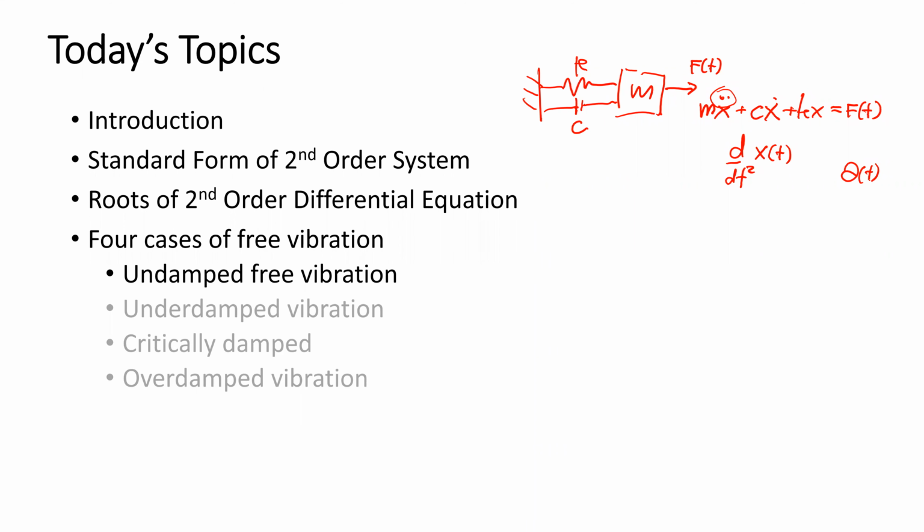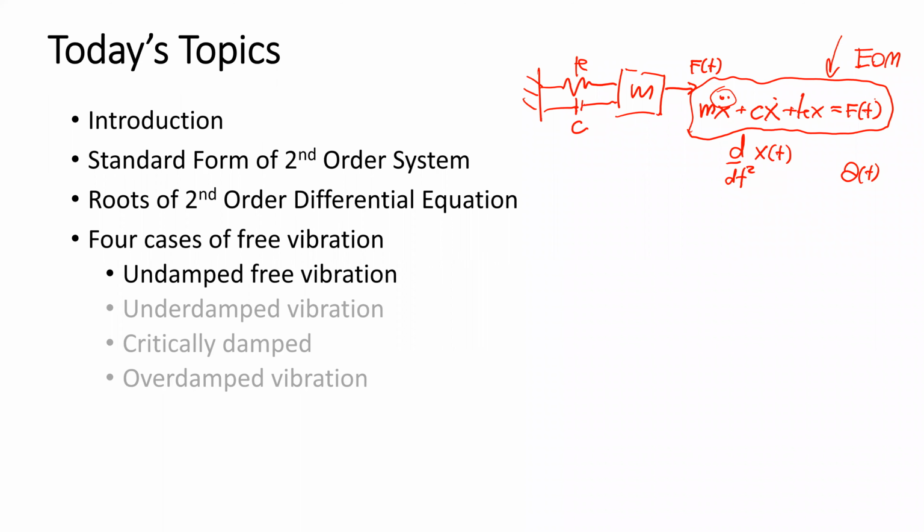So today we're going to talk about the standard form of a second order system. Here is not the standard form, but it's the equation of motion that describes the system, the equation of motion that we obtain from Newton's second law of motion.